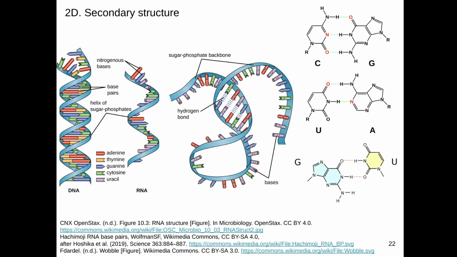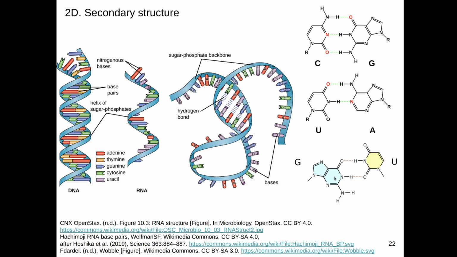And among secondary structure forming base pairs, we consider canonical CG and UA base pairs, but specifically for RNA, we also consider so-called wobble GU base pairs, which also kind of look like a canonical base pair, but differ a bit from it.